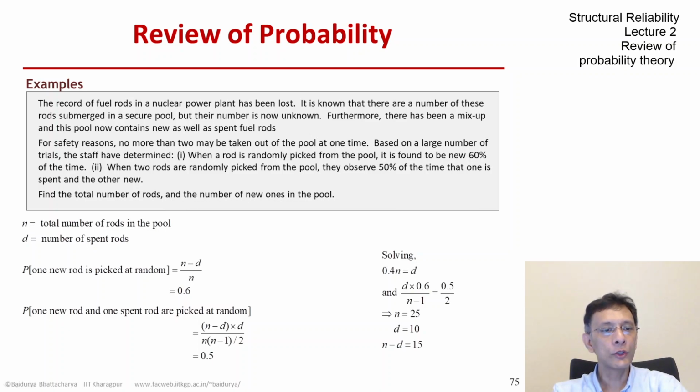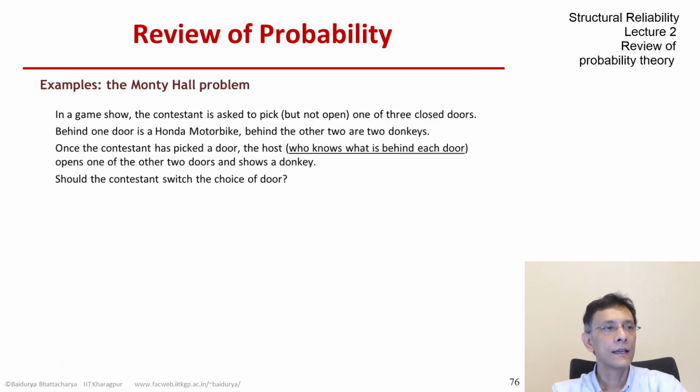Let's move on to another problem. This is a classic, the Monty Hall problem, and I'm sure many of you know this. In a game show, the contestant is asked to pick a door and get a prize. Now the key here is the host knows everything.